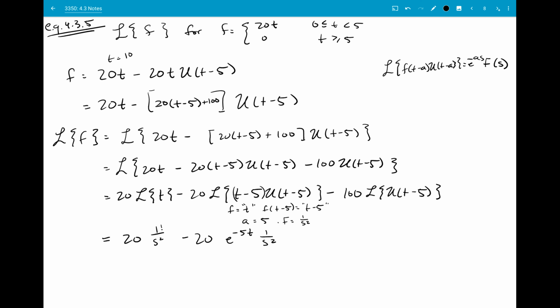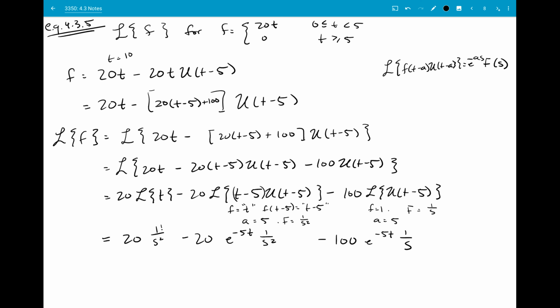And then to compute L of u of t minus 5, we could think about f being 1. Then capital F is 1 over s, but our a is still 5, so that's minus 100 e to the minus 5s times 1 over s.